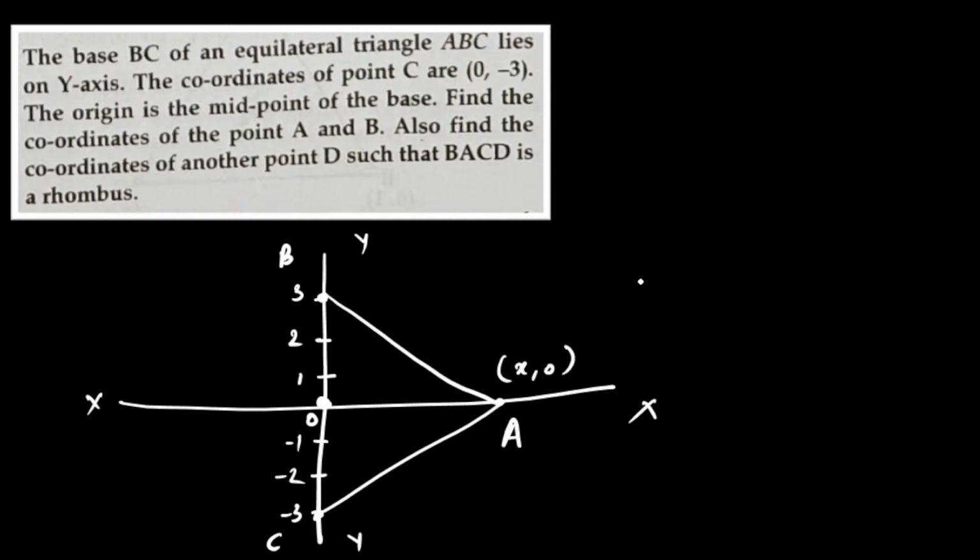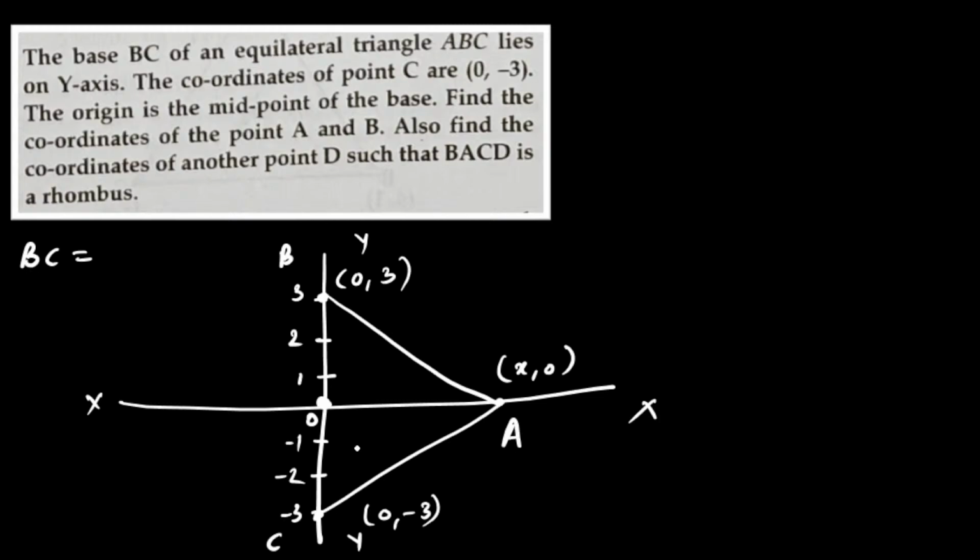Because we know now the coordinates of B and C, and all sides are equal, we can make use of the distance formula also. B's coordinate is directly 0, 3, and here we have 0, minus 3 as the coordinates of C. Directly from the figure, can anyone tell me the length of BC, without using the distance formula?